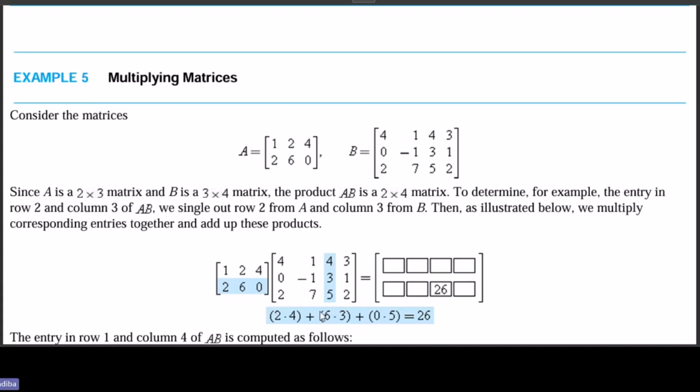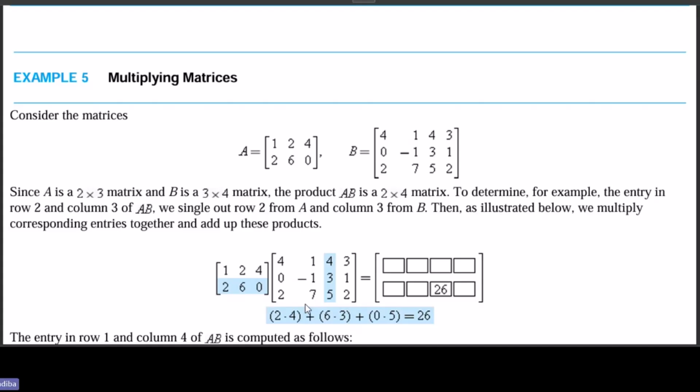In this case, please don't get bored. This is what they're saying. These two matrices are used to get the final matrix AB in such a way that the final matrix will have 2 rows and 4 columns.